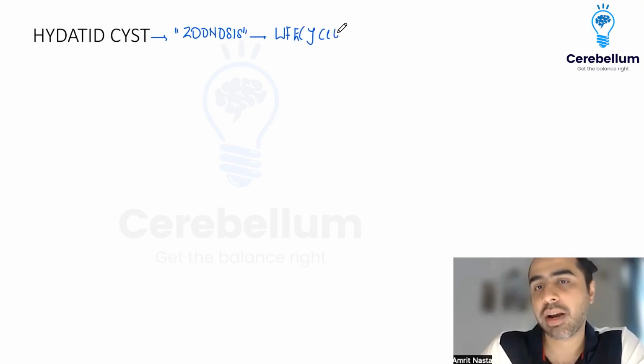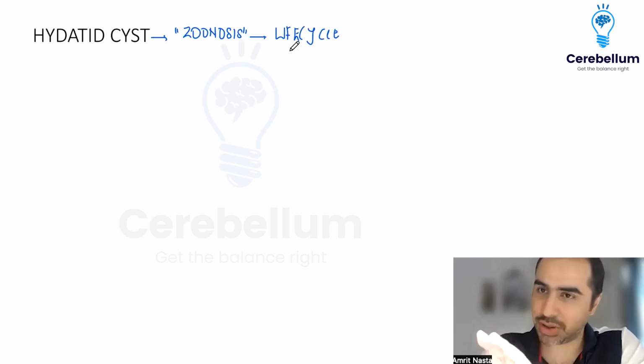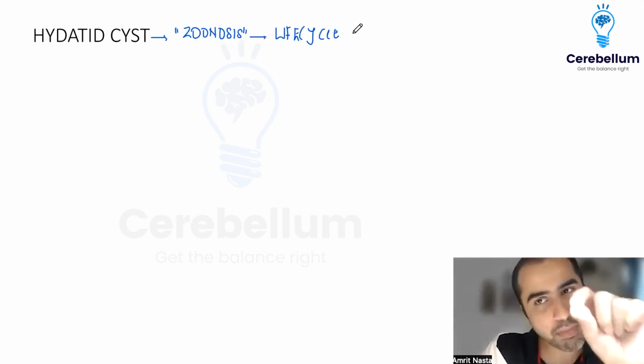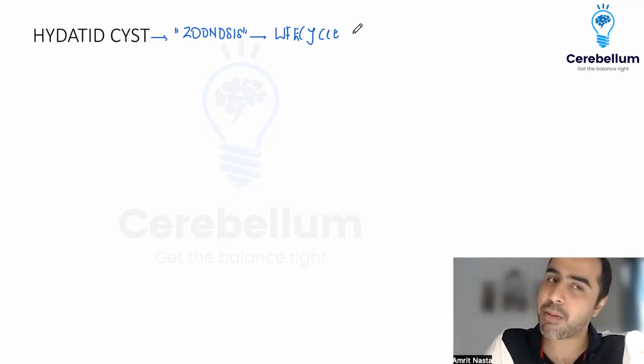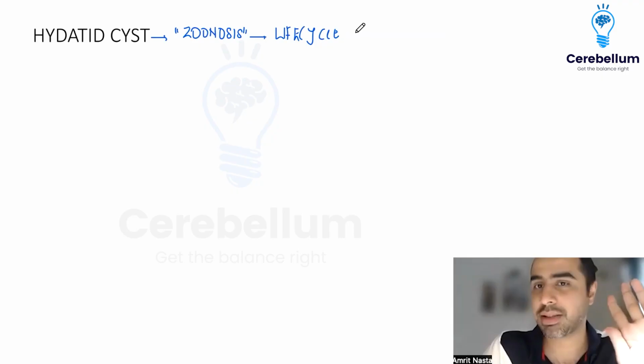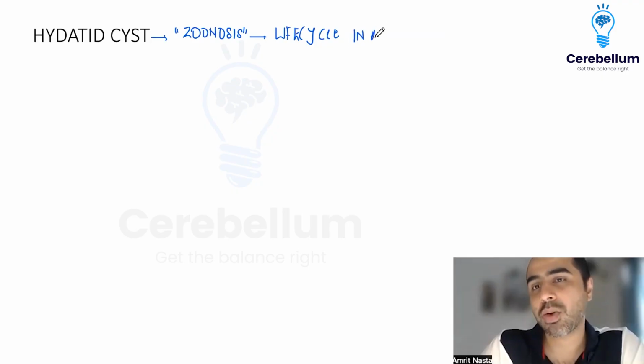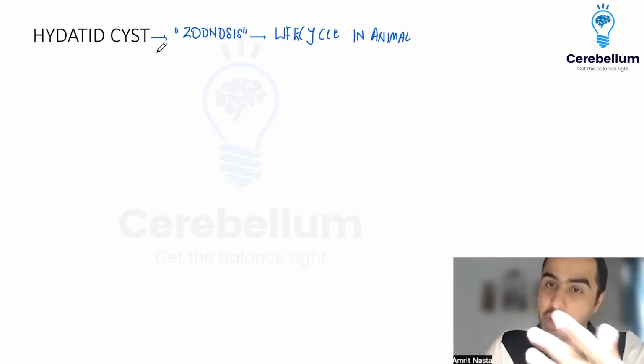The whole life cycle of the organism is in animals. Like you cannot say coronavirus is a zoonosis because the whole life cycle is not only in bats. Man is not necessarily a part of hydatid cyst disease. जरूरत नहीं है इसको इंसान में होने की, वो तो हो जाता है कभी कभी. क्यों होता है वही बताएंगे.